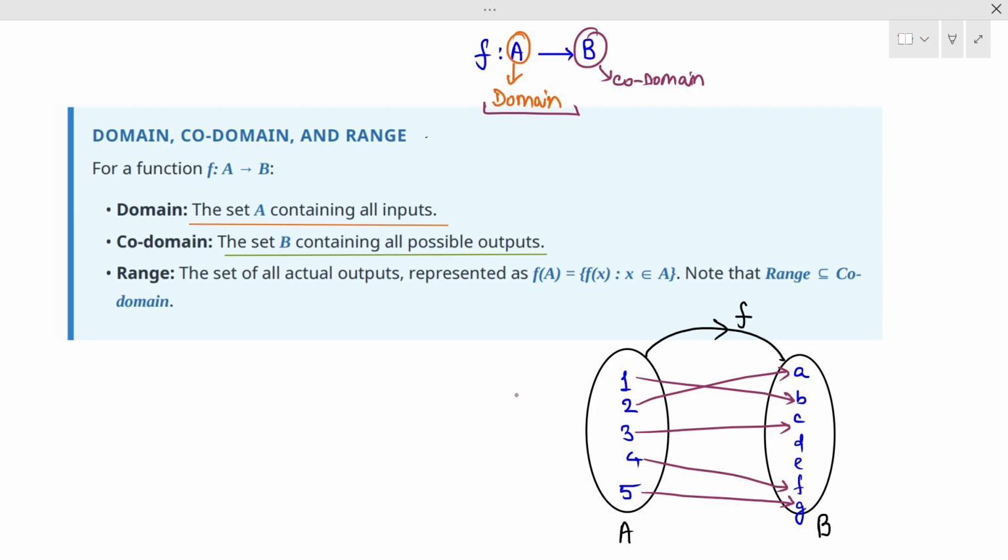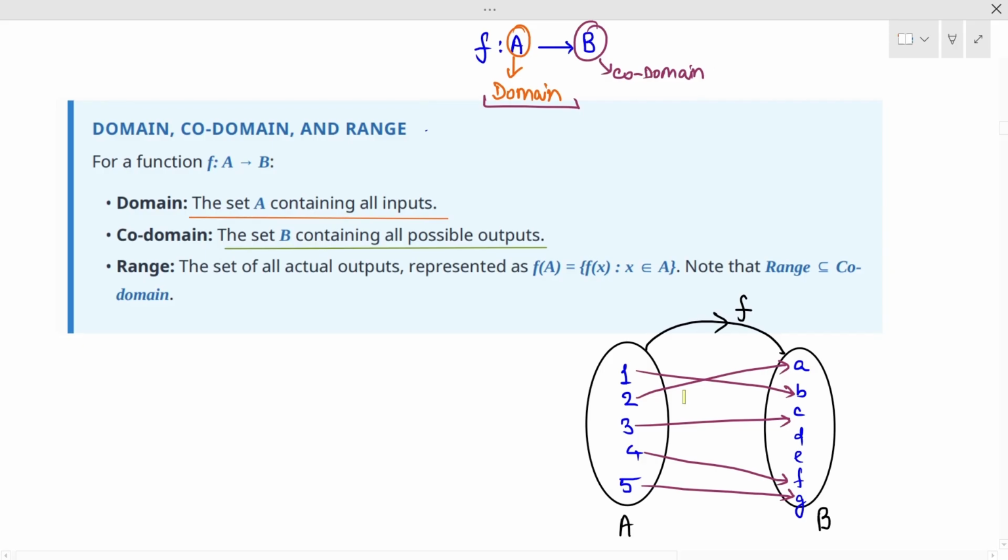Now, second thing is that here we know what are the inputs. The inputs are 1, 2, 3, 4 and 5, which is set A. That means this A will be the domain. Next thing is codomain. Codomain means the entire set B, right? Now the next concept is range. What does range mean?